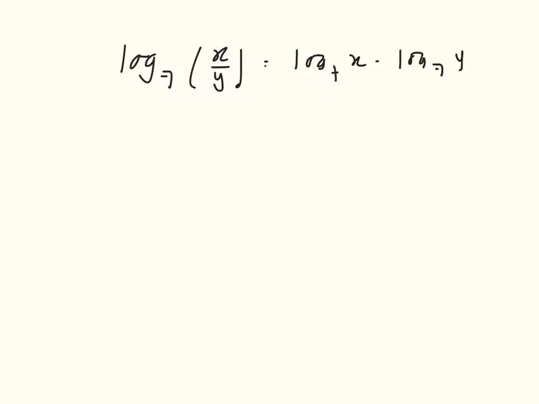So we can use this one, and we end up with log base 7 of something simple, x over y, would equal log base 7 of x minus log base 7 of y. So we can split up a single term with a division into the subtraction of two logs.